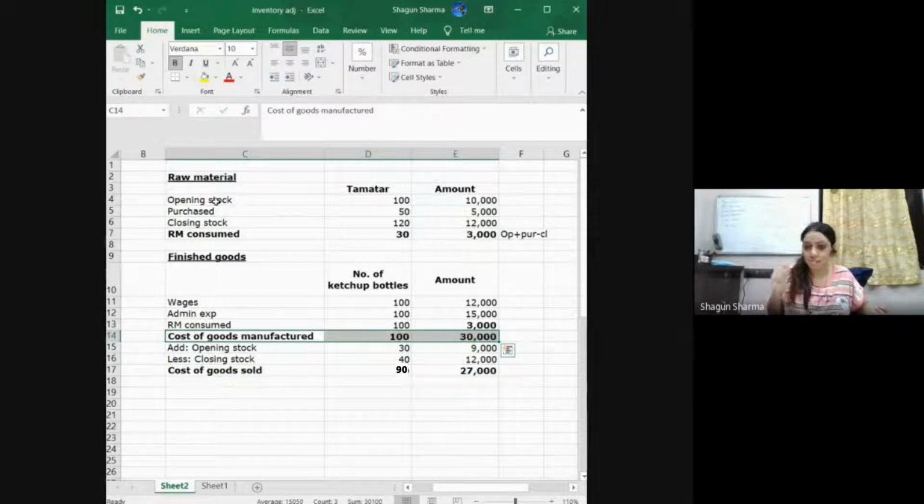Say I managed to sell only 60 ketchup bottles. In that case, I need to take the proportionate cost amount to compare it with sales, because I cannot compare the cost of 100 ketchup bottles with the revenue of only 60 bottles.